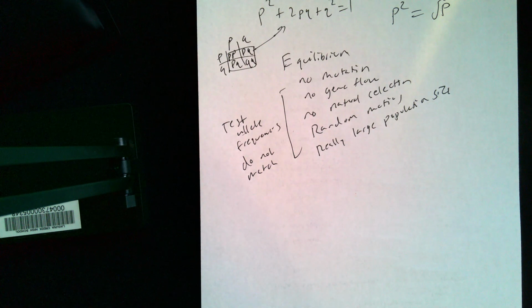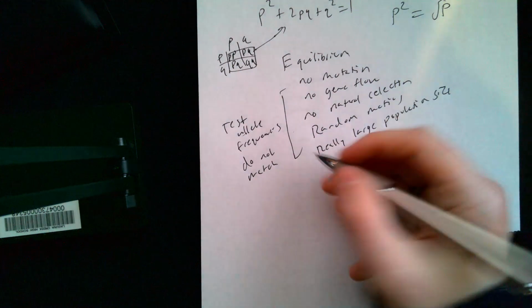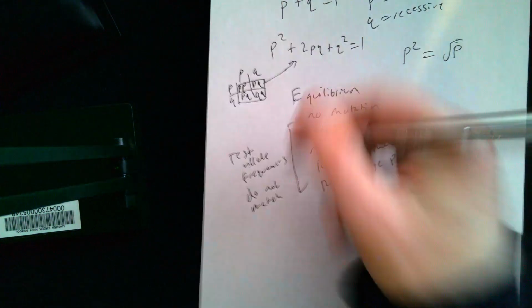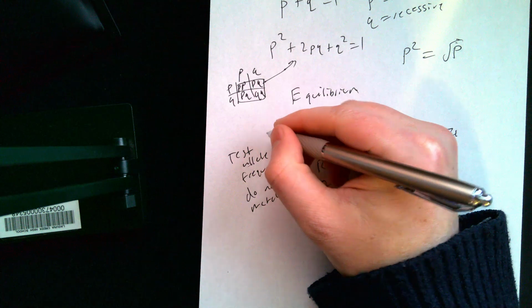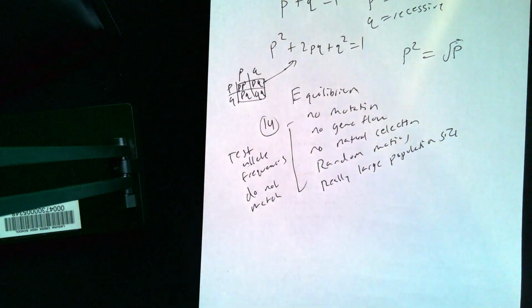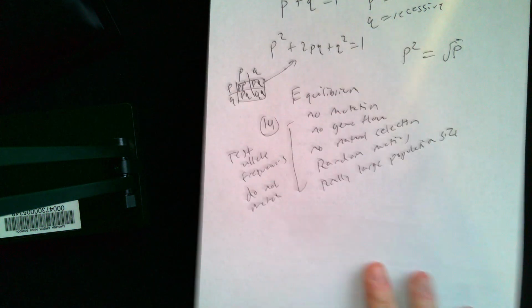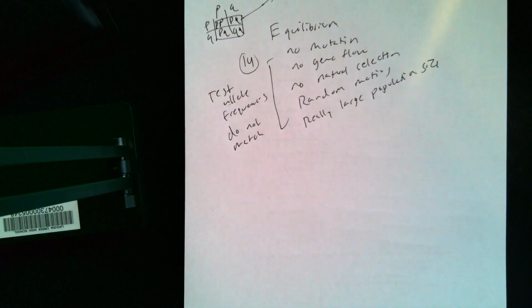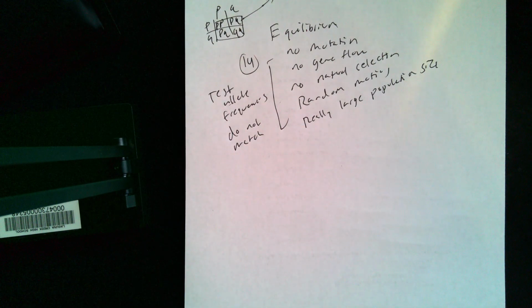Or, oh, it didn't match. There's gene flow, or the population is really small. So if the allele frequencies do not match with what they should be based off of the Hardy-Weinberg equilibrium, then you know that one of these conditions has not been met. And so something is changing in the equilibrium.